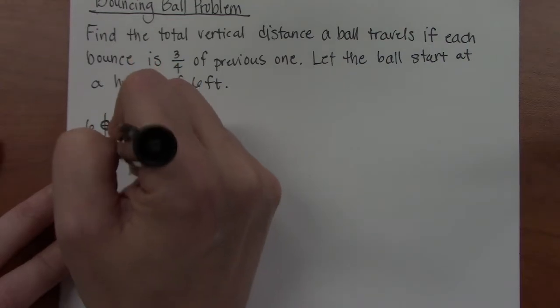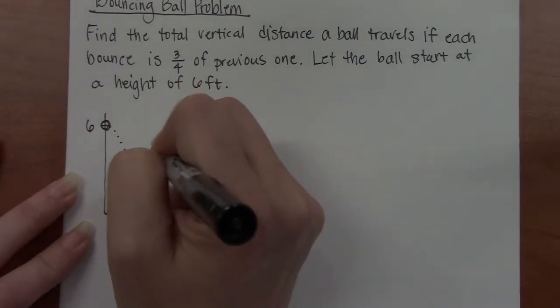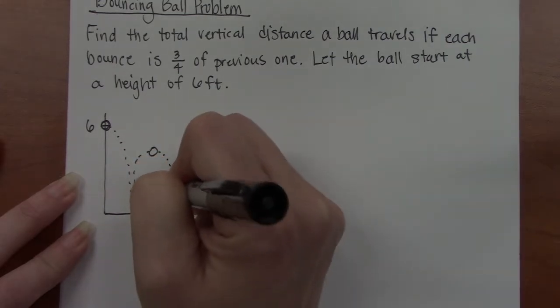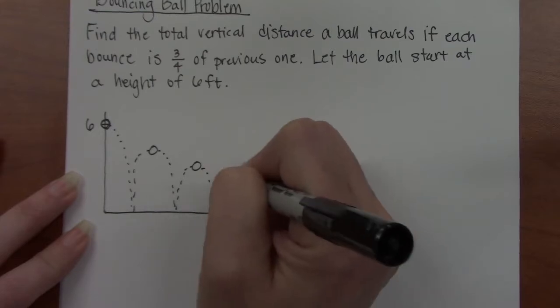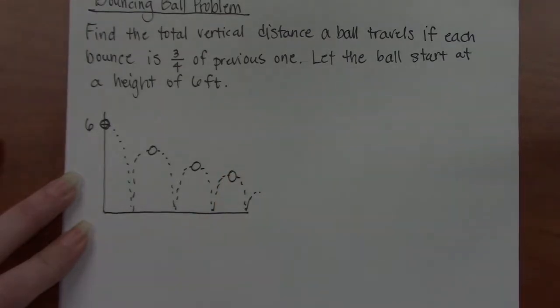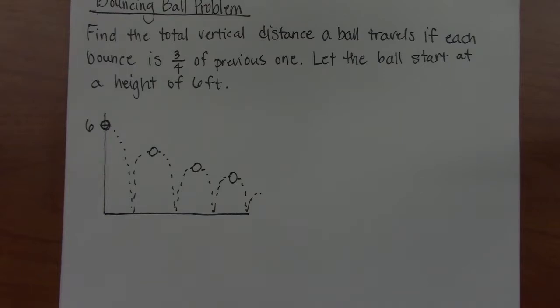And it's going to bounce to the ground, come back up, and every time it comes back up, it's getting a little bit less height than the bounce before. So this would continue to happen until eventually it's got nowhere else to go, and then it would just start rolling away. So we want to know what is the total vertical distance that this ball travels.